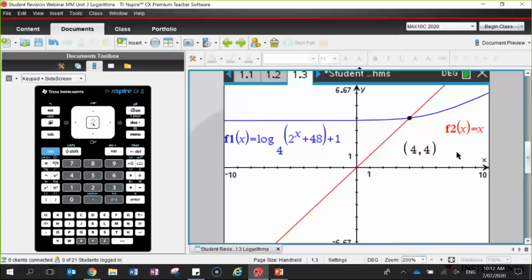So that's the first one I wanted to look at. As I said, if it was on a tech-free question, it would be worth a lot more and it would take a lot longer. What I will actually do is provide the working out in the Google Drive for solving this question without a calculator, as well as these 2 solutions here.